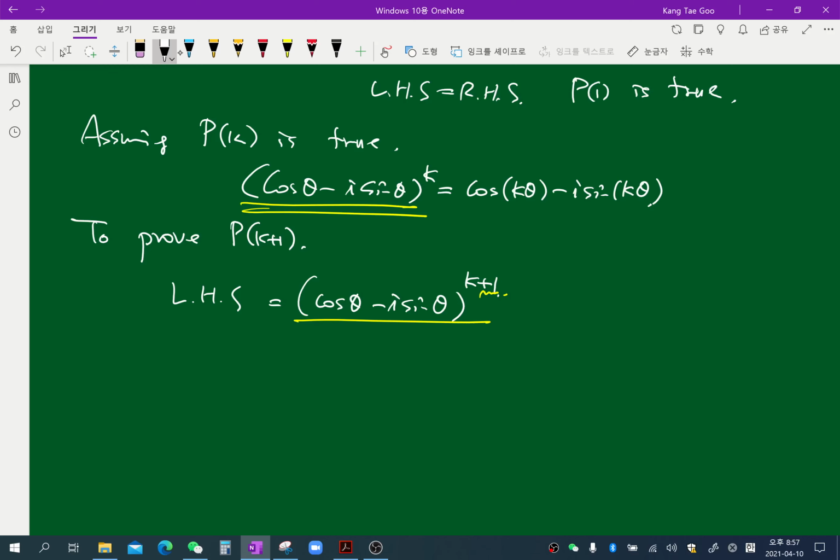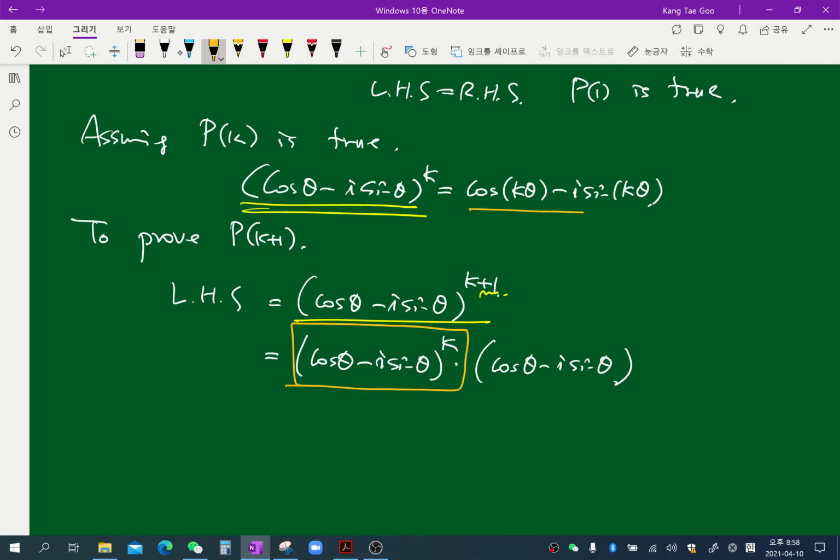so what you can say here is (cosine theta minus i sine theta) to the power of k times (cosine theta minus i sine theta). And then we know this much is there, right? So we bring that up. That is (cosine k theta minus i sine k theta) times (cosine theta minus i sine theta).